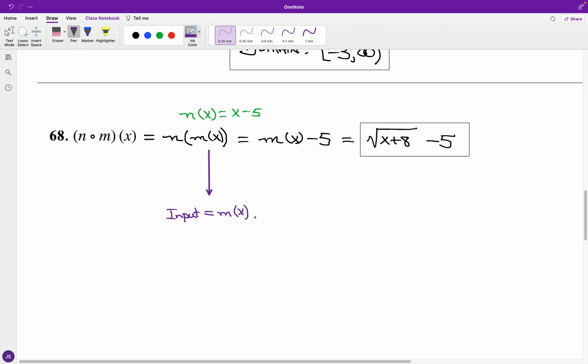So the input is equal to m of x is equal to the square root of x plus 8. And again, x plus 8 cannot be negative. But it can be 0 or positive. And so we have that x is greater than or equal to negative 8. All right.